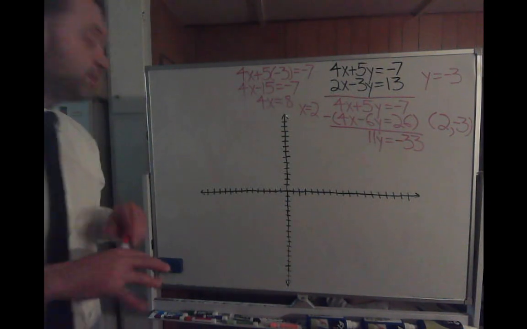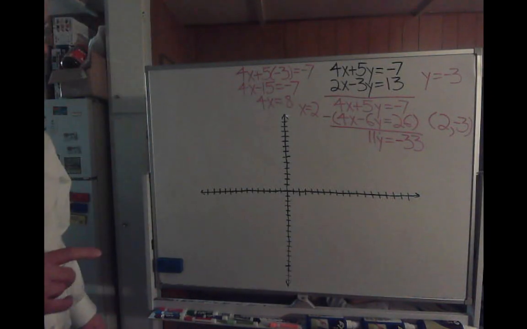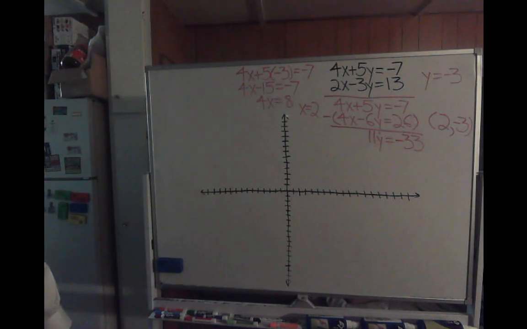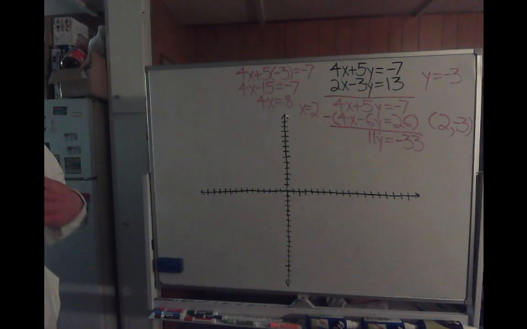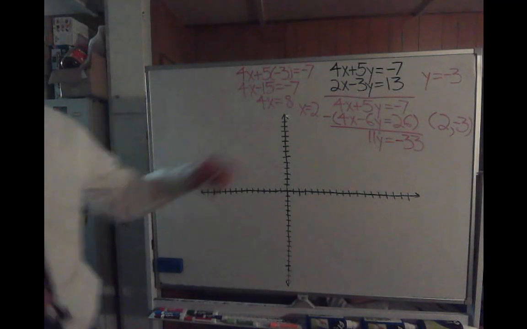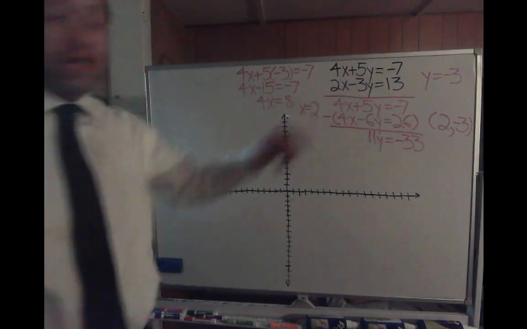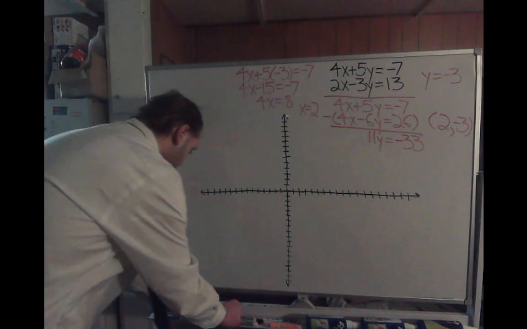Okay, now we've found our point of intersection. Let's find the x and y intercepts of these two lines. The first one, 4x plus 5y equals -7, I'll do in purple again.